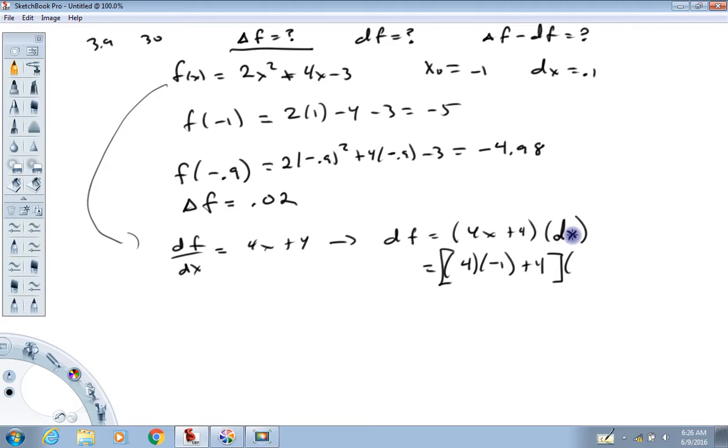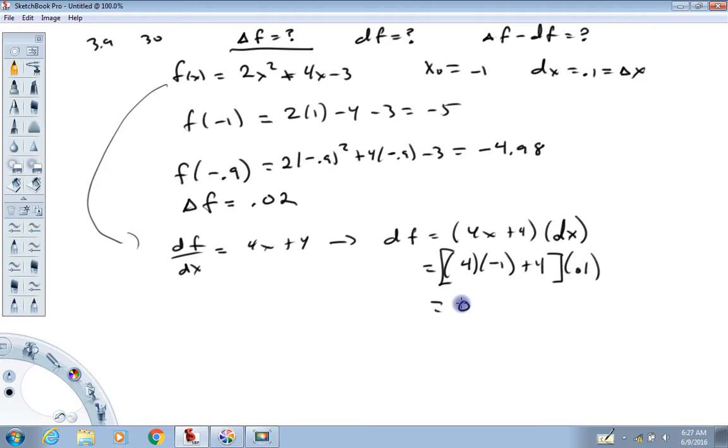Technically this is a delta x. I don't know why the book labels it dx, they really shouldn't. But what we're doing is approximating dx with this 0.1. Remember, dx is technically an infinitely small value, but we're using 0.1 to approximate dx. So this is going to be a -4 plus 4.